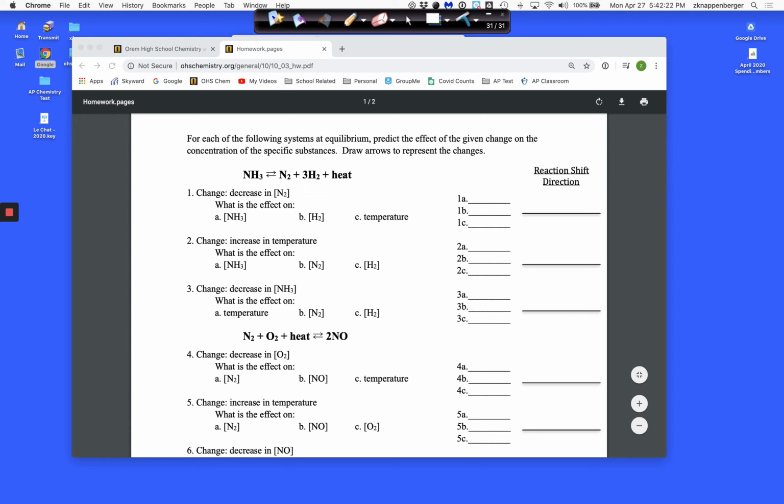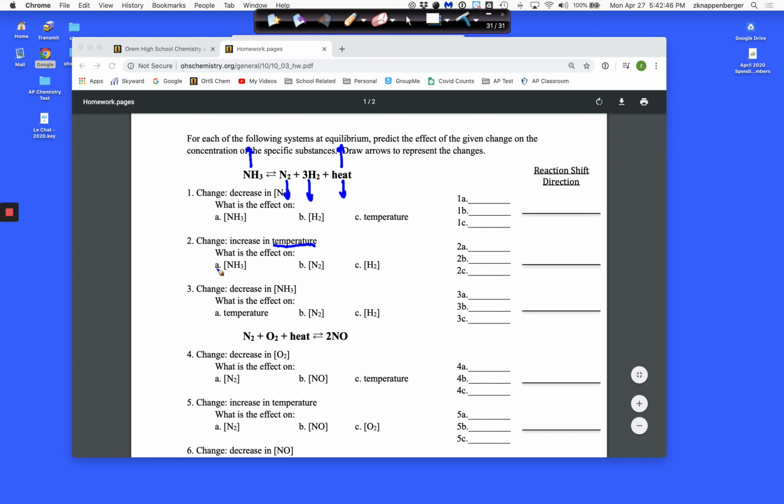So let's try one more. So looking at our next example then, the example that we have now is we are going to increase temperature. So if temperature goes up, everything on the same side will do the opposite, down, down, and down. And then everything on the opposite side will do the same, so that will go up.